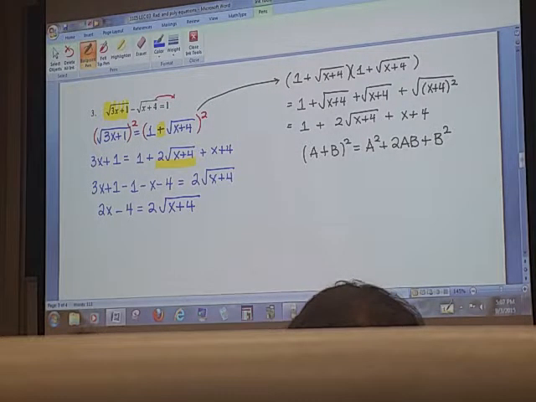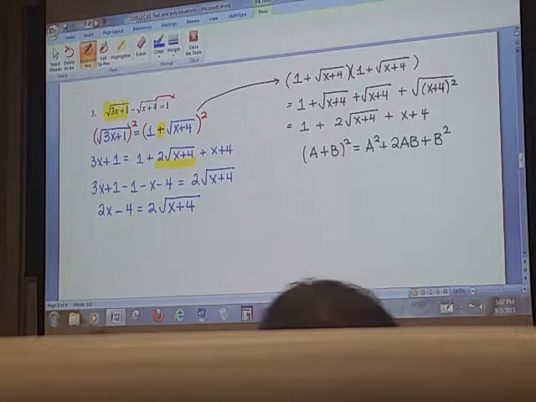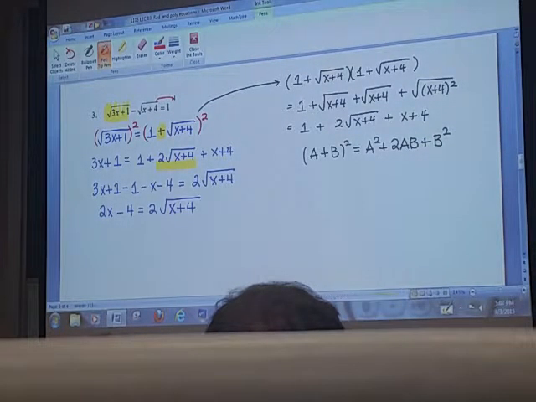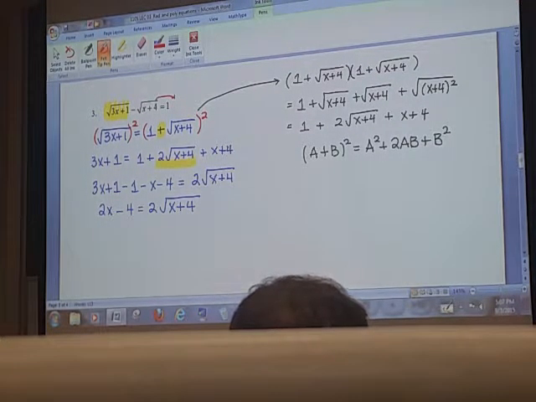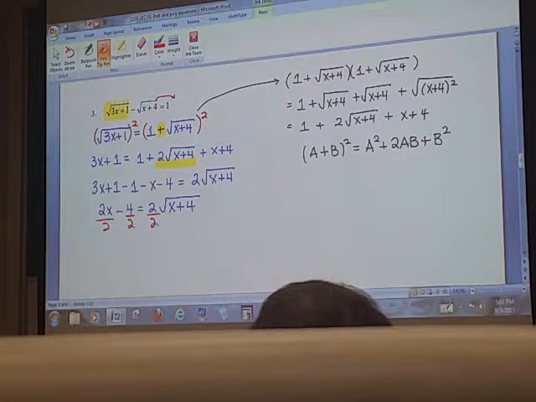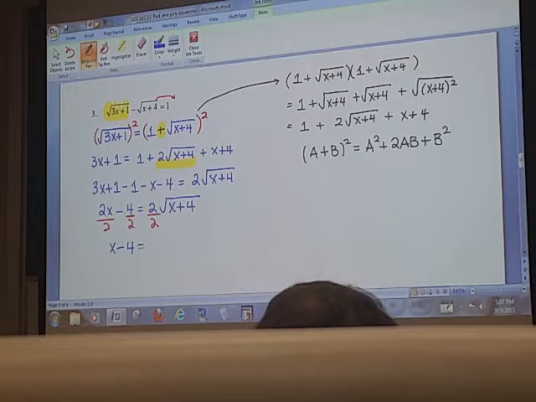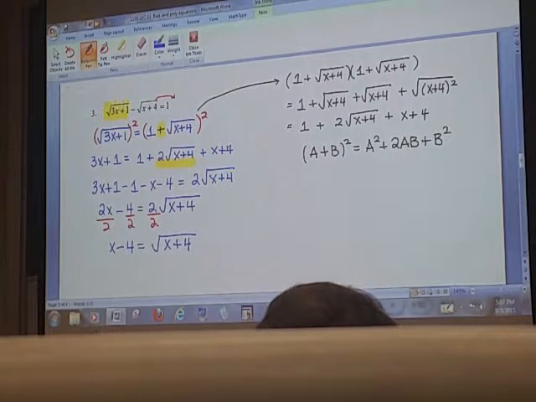So normally at this point, if I can spot something to make the number smaller, I would do it. So I've got x minus 4 equals square root x plus 4.